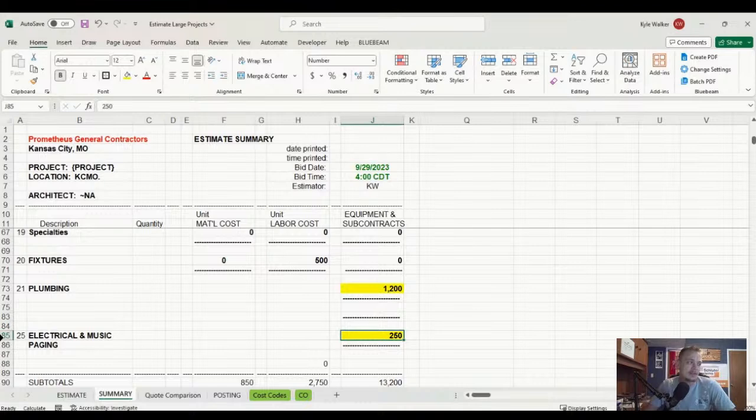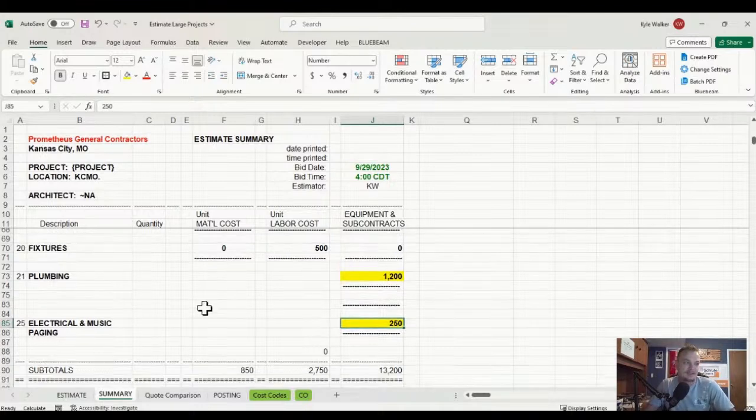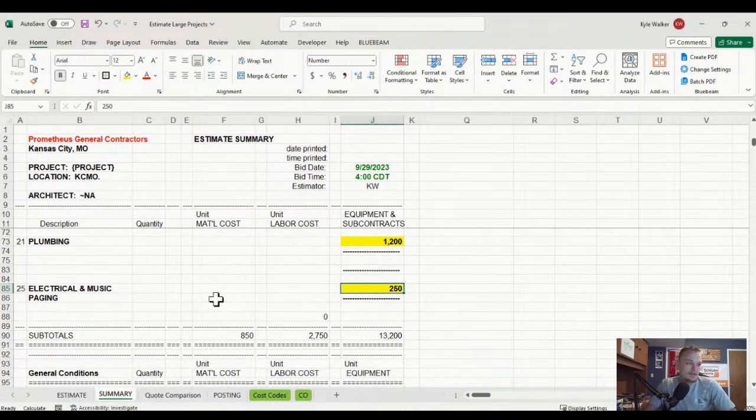And you'll notice I've got a lot of stuff hidden here. Again, this is a commercial estimate, not a residential estimate, but it explains everything out a lot easier for you to follow. The numbers now we're looking at, combined material cost, excluding the tile, because that's in the subcontractor, is $850, $2,750 for labor, and $13,200 for materials.